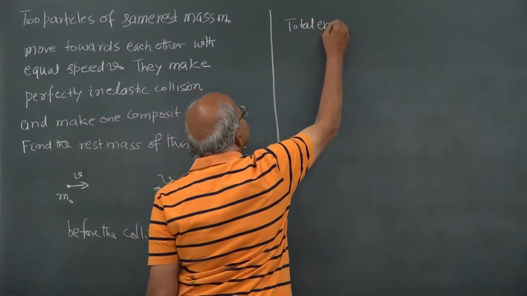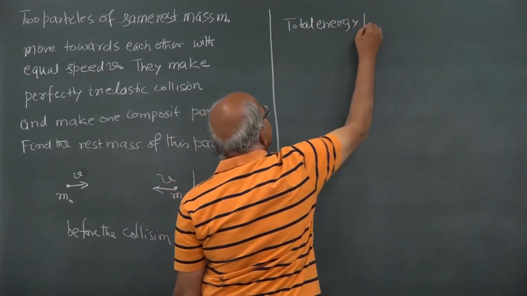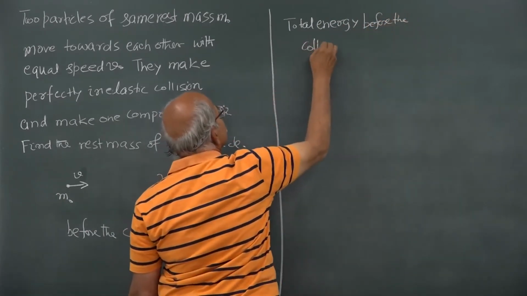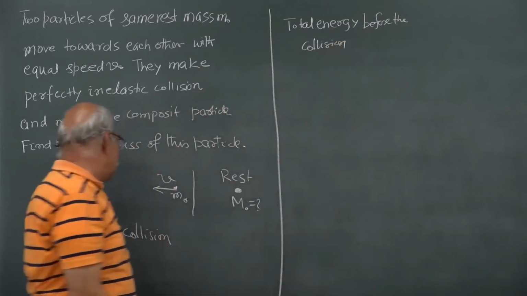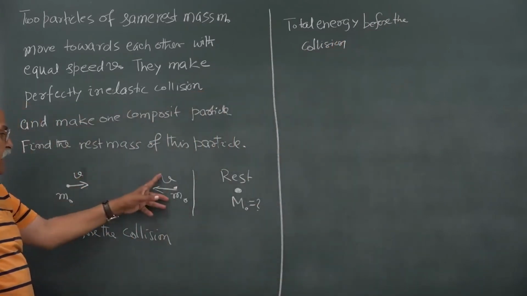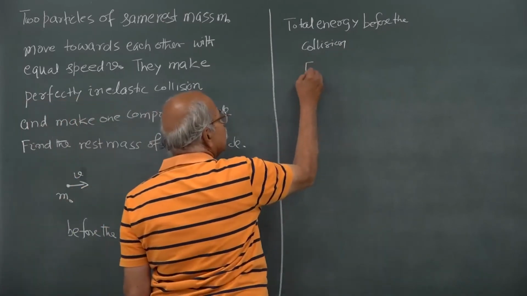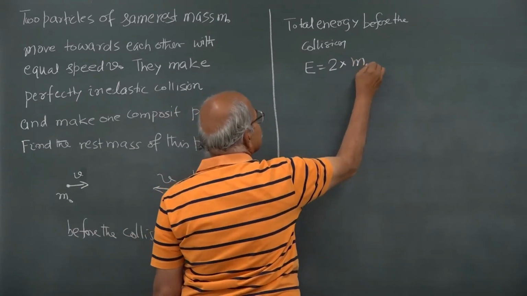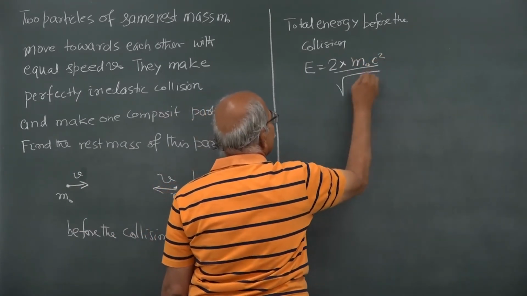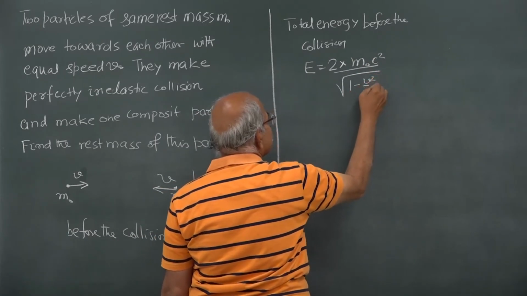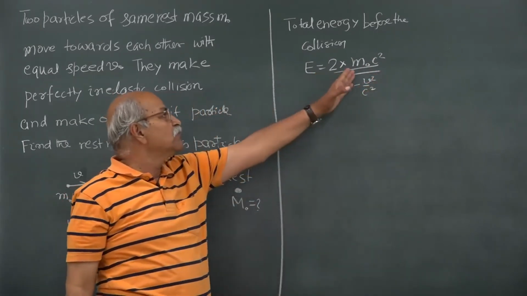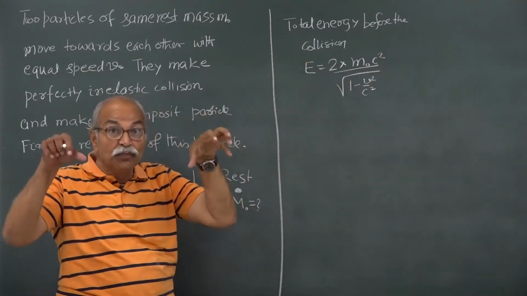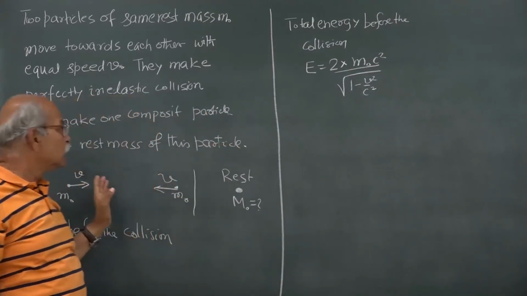Total energy before the collision is the same for both particles. So E is 2 times m naught c square by square root of 1 minus v square by c square, that is, 2 times m naught c square into gamma. That is the total energy of the two particles before the collision.